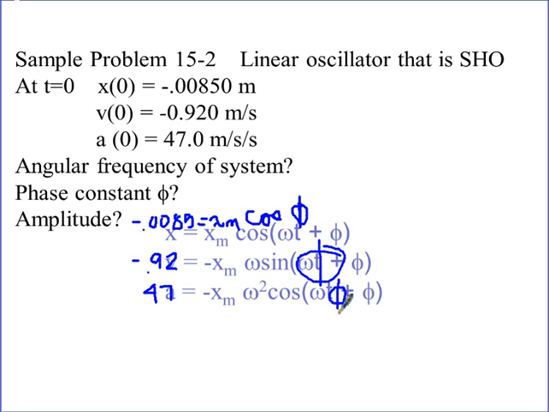The first question they asked was the angular frequency, which is omega. You can see that if you take the first equation and the last equation, I could divide this equation into this equation, and the x maxes would go and the cos phis would go, and I'd have omega squared is equal to something.